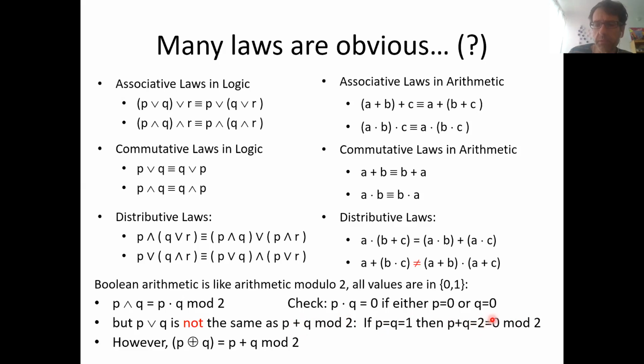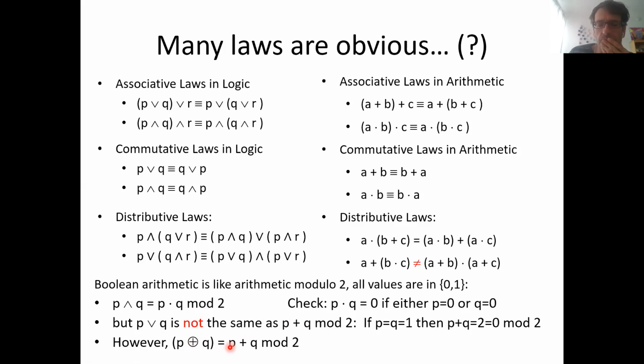So 2 becomes 0, so this is not true. This is not a disjunction, because disjunction is 1 whenever any of these guys are 1, and 0 only if both are 0. Well, XOR, the exclusive OR, which is denoted this way, corresponds to an arithmetic addition.